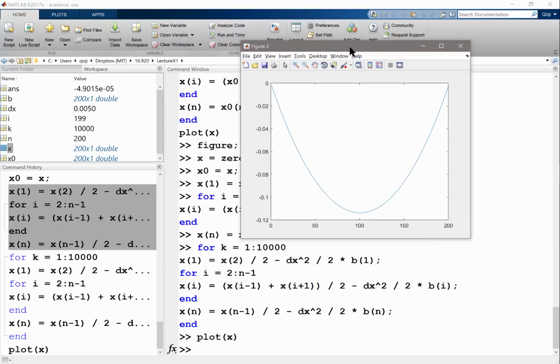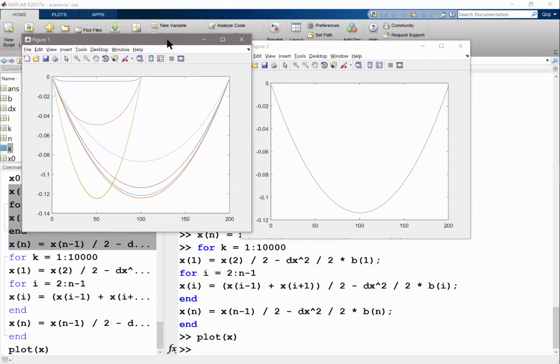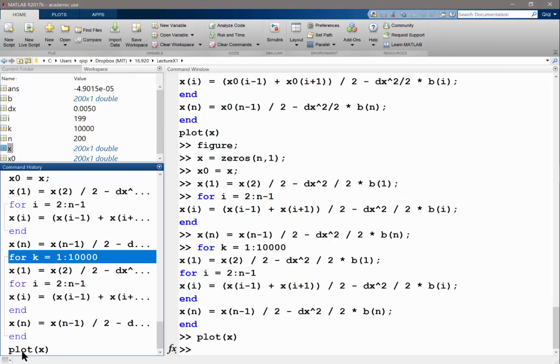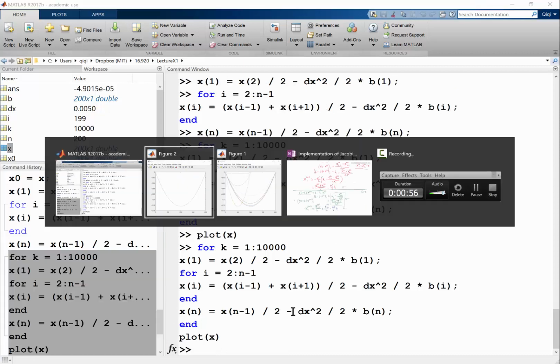This is what happens after 10,000 iterations. And this is not to scale, but if you compare this solution, I got all the way to less than minus 0.1 compared to the first 10,000 iterations of the Jacobi iteration. We have actually got much closer to the true solution. Let's do that again. Evaluate.